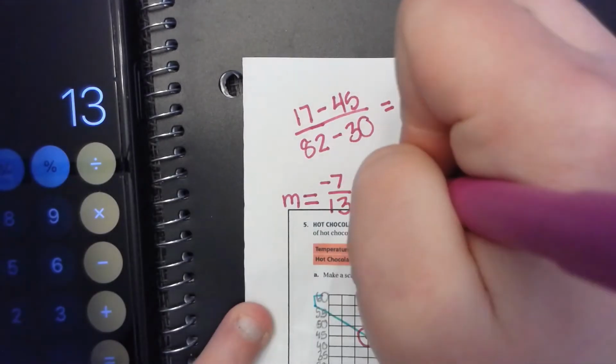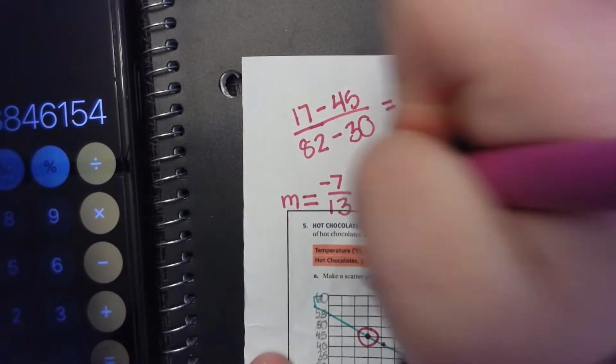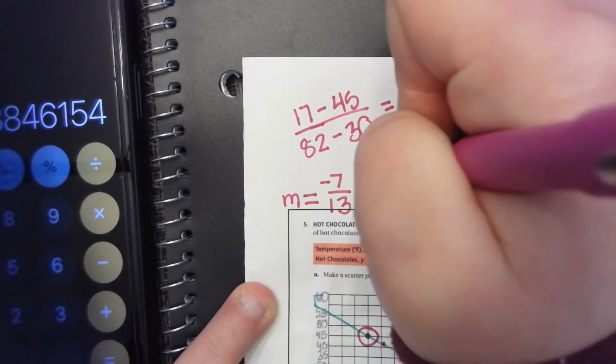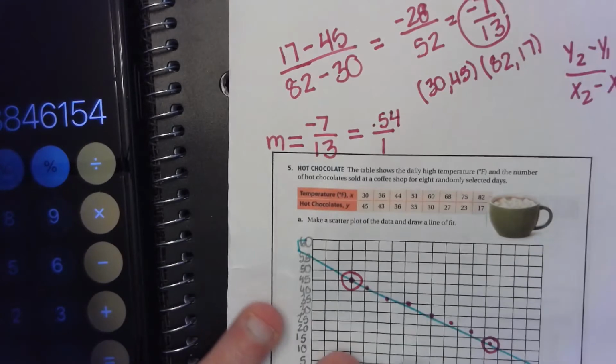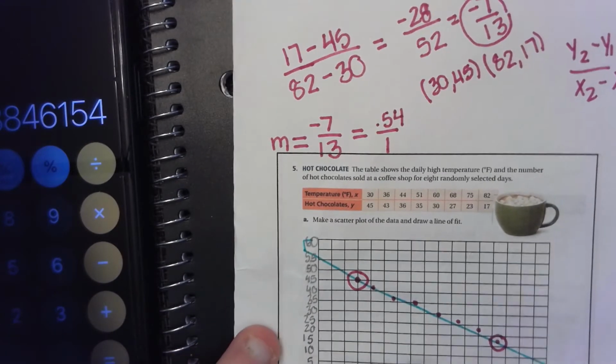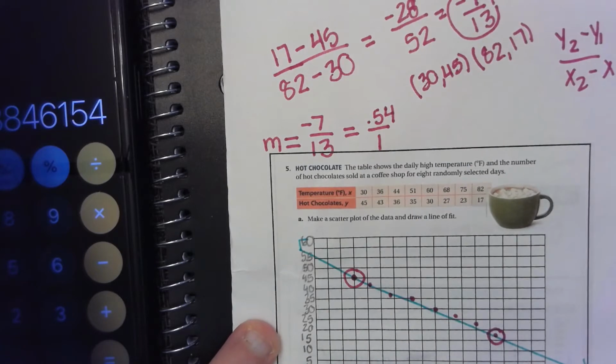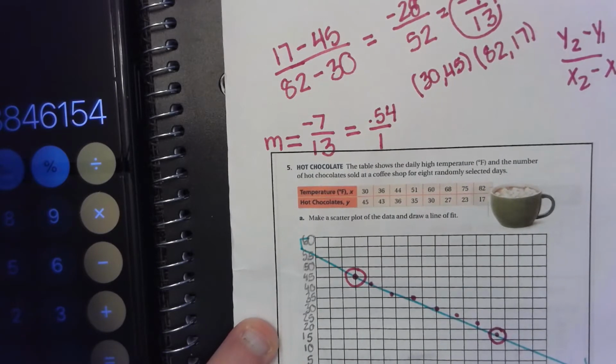So 13 divided by 13 is 1. Negative 7 divided by 13 is, we'll round to the nearest hundredth, so negative 0.54 over 1. Okay, so you can use either of these slopes in your equation. They both will give you the same answer.